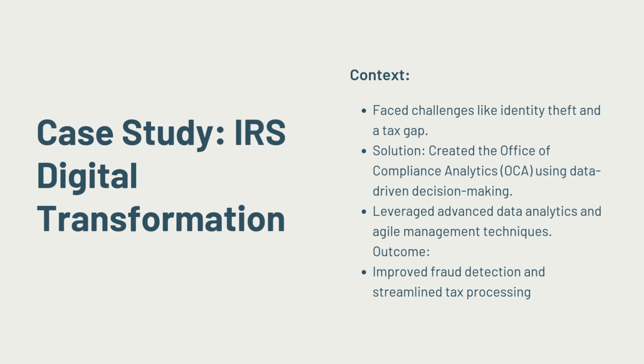The key takeaway here is that public administration is increasingly about making decisions based on reliable data, not just intuition or past practices. By incorporating data analytics into our management techniques, we can deliver better, more accountable public services.